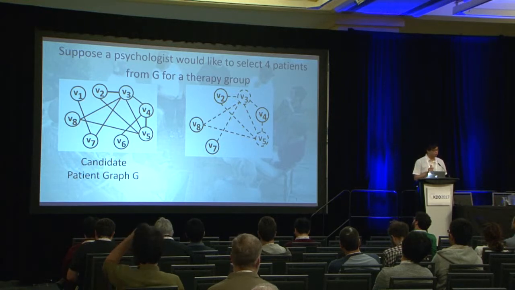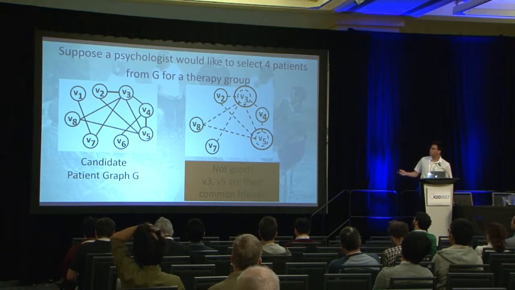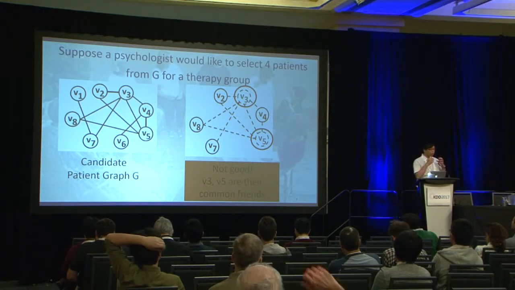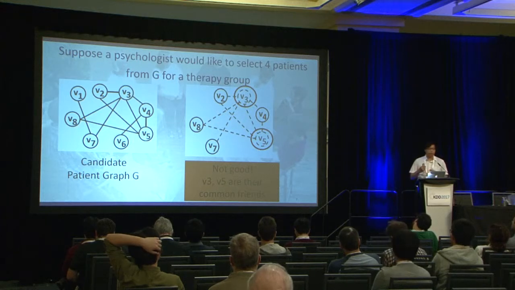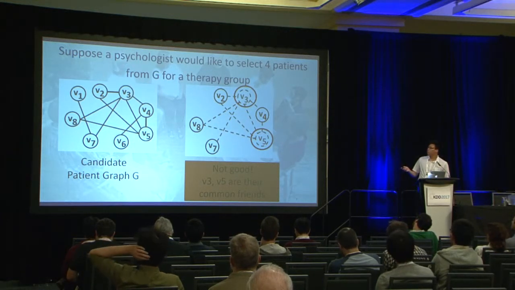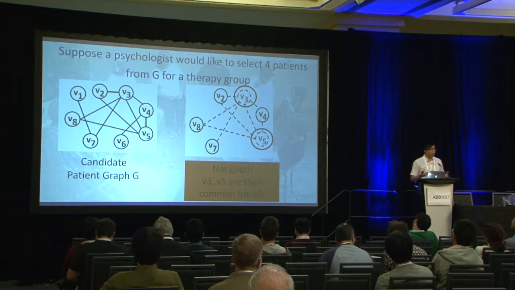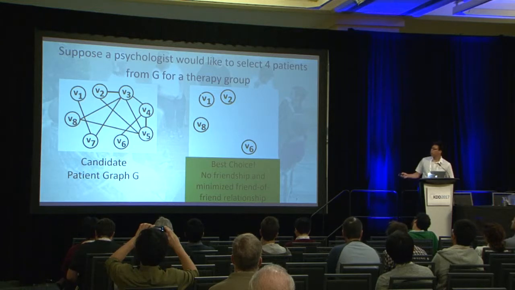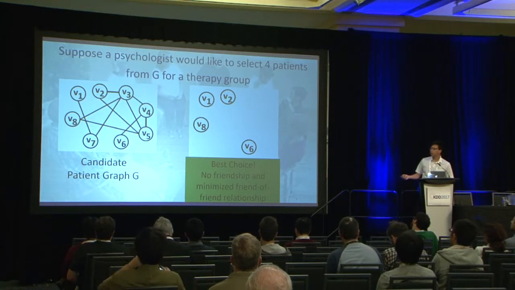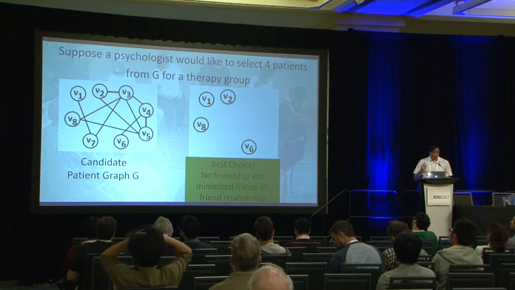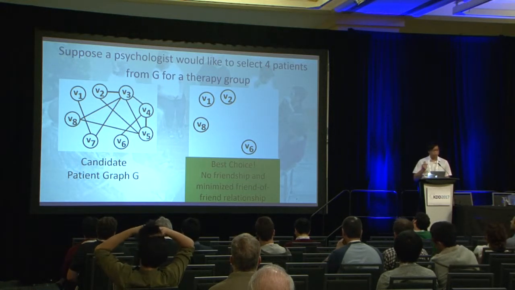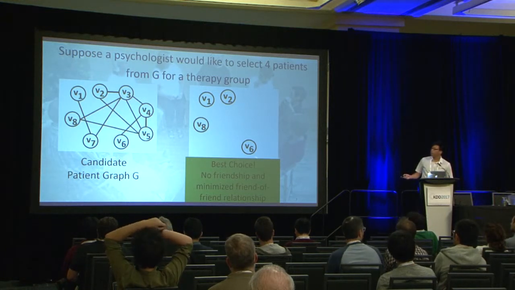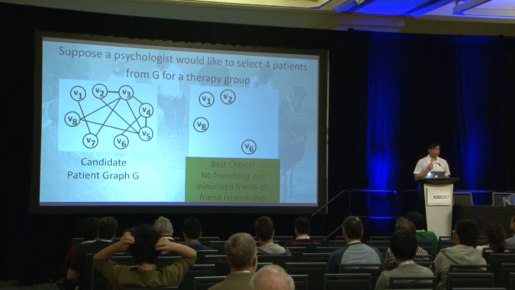However, it is not good enough because there are still common friends. Although V3 and V5 are not selected in the group, they can still act as bridges to link those patients and provide some degree of interactions. Finally, this one, V1, V2, V6, and V8, seems to be the best choice because there's no direct friendship and it minimizes the friend-of-friend relationships. And indeed, this is an effective therapy group and a socially tenuous group.